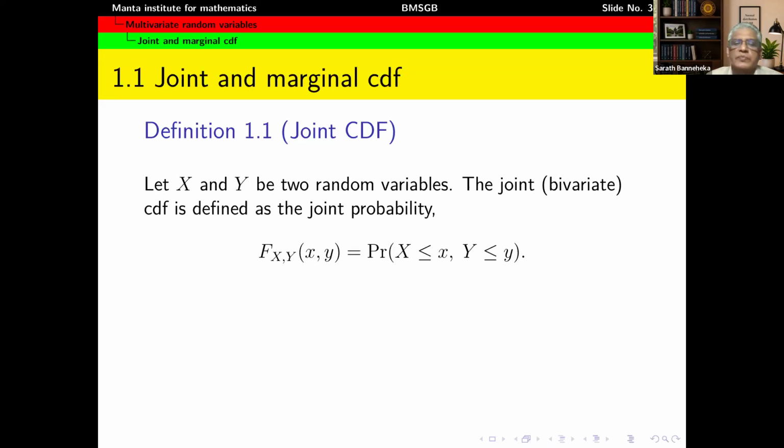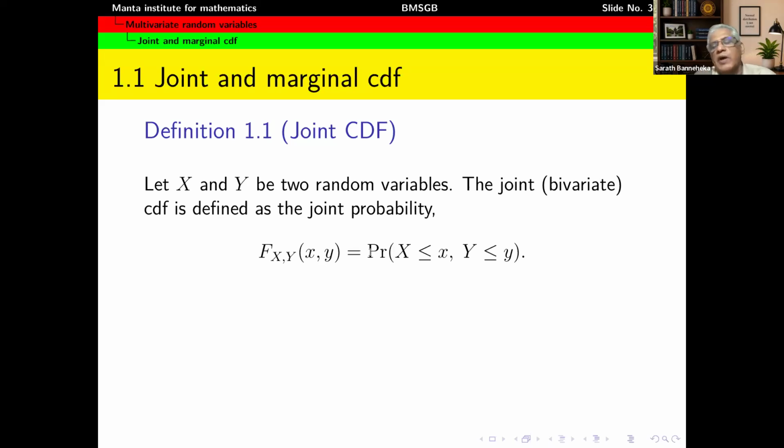So that is how the joint cumulative distribution function of the two random variables X and Y evaluated at the real numbers, simple x and simple y is defined.